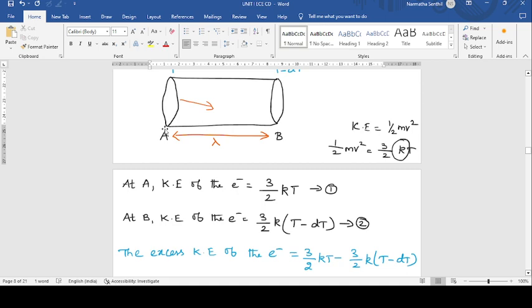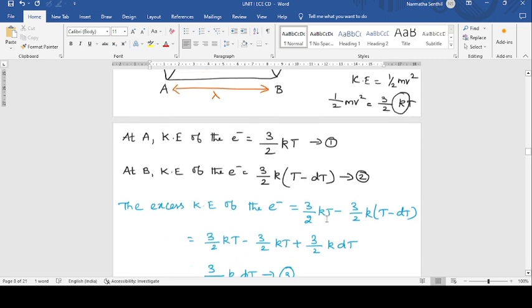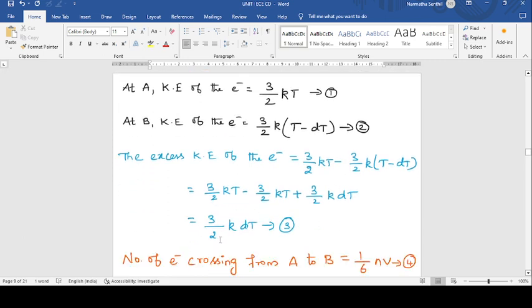At the junction A, the kinetic energy of the electron is 3 by 2 kT, where k is the Boltzmann constant and T is the temperature at A. Similarly at B, the kinetic energy of the electron is 3 by 2 k into T minus dT. So we have to calculate the excess kinetic energy of the electron. Subtracting equation 1 and 2, we get 3 by 2 k dT. This is the excess kinetic energy of the electron.